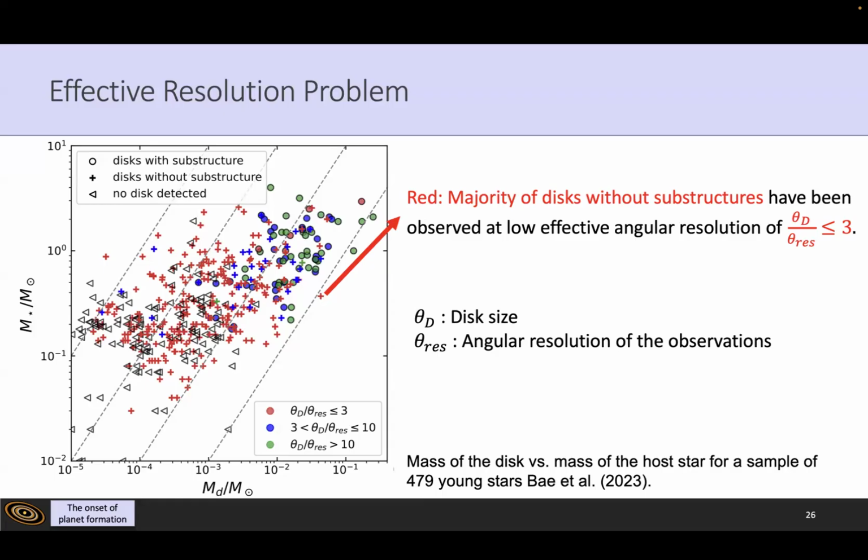So if you don't have enough sampling across the disk, you're not going to see substructures. In order to have a fair assessment of the disk populations, we only analyze disks with diameter larger than 4 beams, meaning that you have at least 4 samplings across the disk diameter.